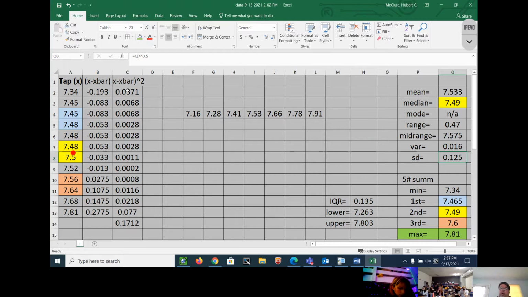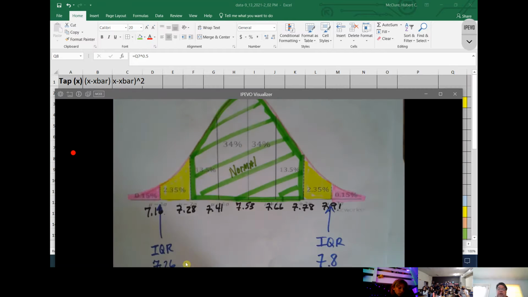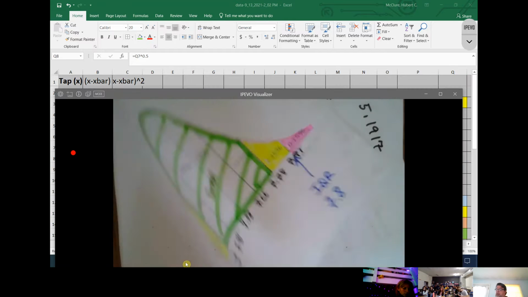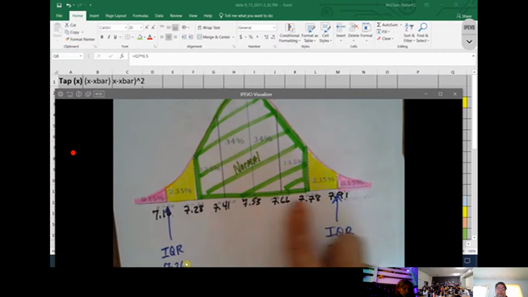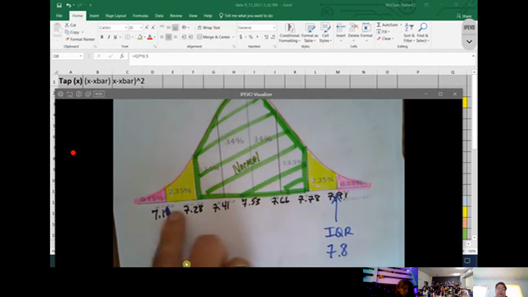Now, how many test questions do you have here? Well, I'll show you. You've got one test question right here that asks you the empirical rule.